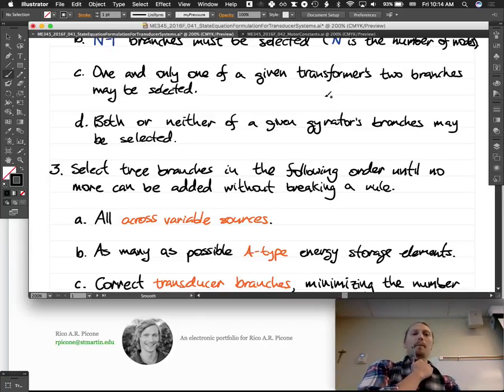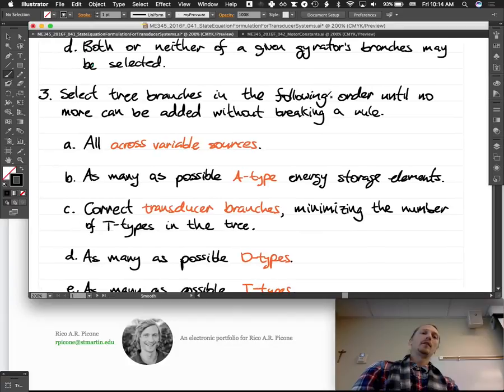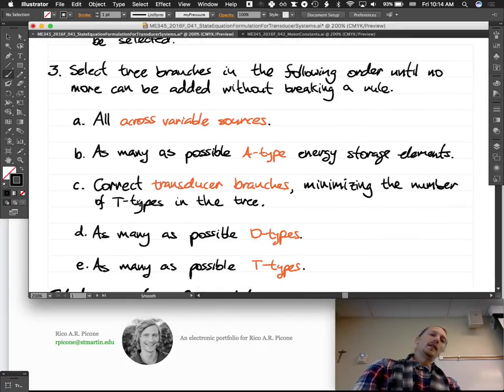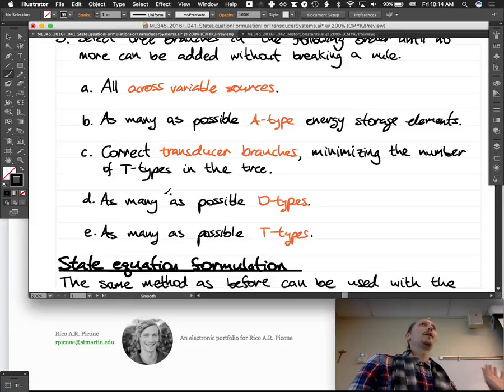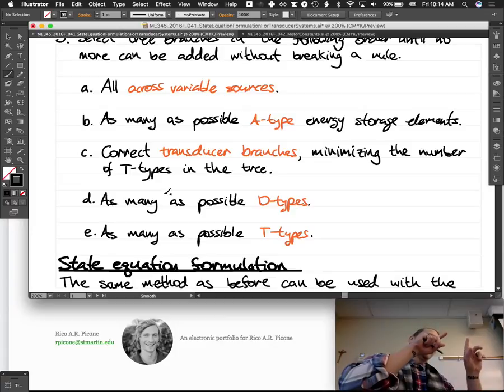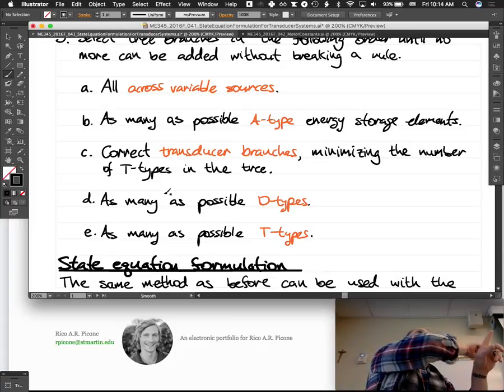Okay, so now that we've learned how to deal with the transducers, we move on to our next priority, which is D-types, and then finally T-types. So notice that this is sort of iterative. Potentially you have to go through this part a couple times. But usually there's only 2 possibilities, for the simple systems that we're going to do in this class, so you can just look at it and say, okay, if I choose this one, then this t-type is in it.